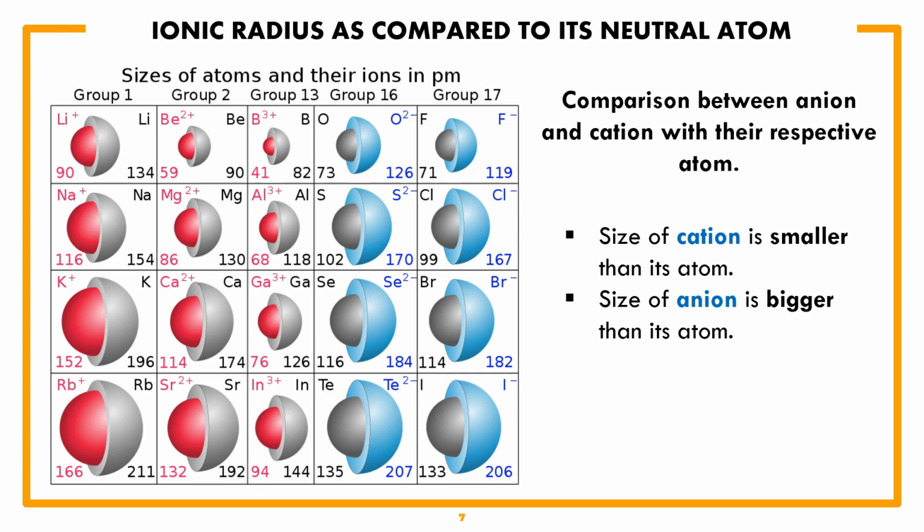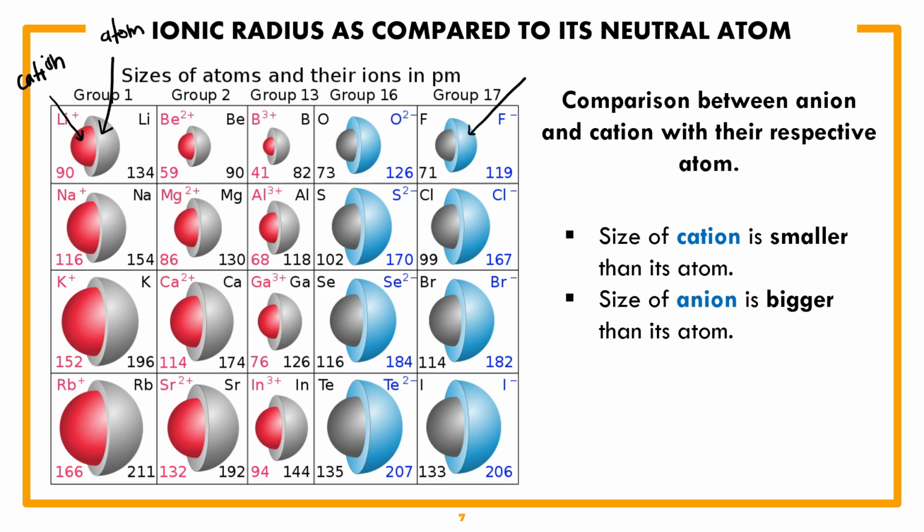Now, let us discuss the first category, that is ionic radius as compared to its neutral atom. So now we want to look at the size of ion as compared to the size of neutral atom. So, what can you see from this image? Here, the red one is the cation, and the grey one here is the atom of the cation.